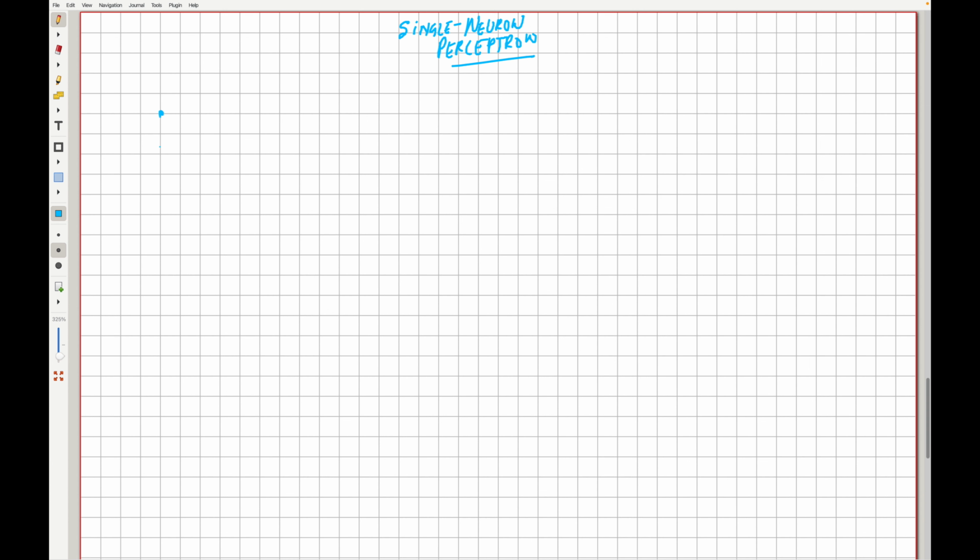Let's say we have these two inputs, P1, P2, and these come down here into this box, which is sigma, and each carries a weight.